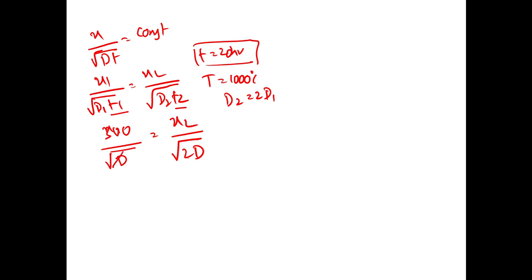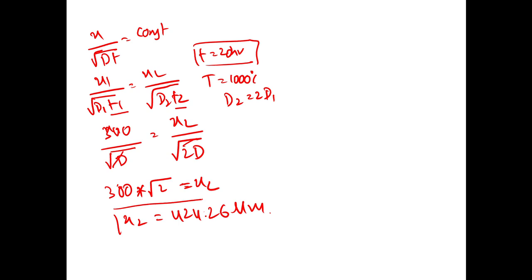So the D value is cancelled, and the t is cancelled. 300 into root 2 equals x2. So x2 is 300 into root 2, which is the same 424.26 micrometer as the diffusion depth. This is the diffusion depth obtained if we increase the diffusivity value.